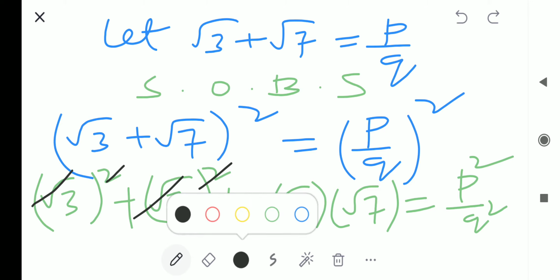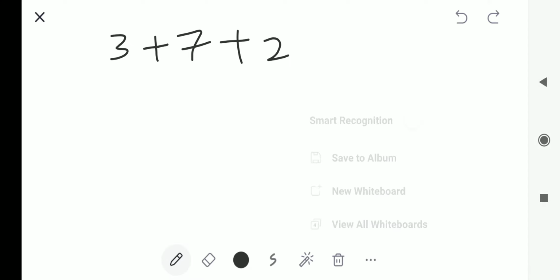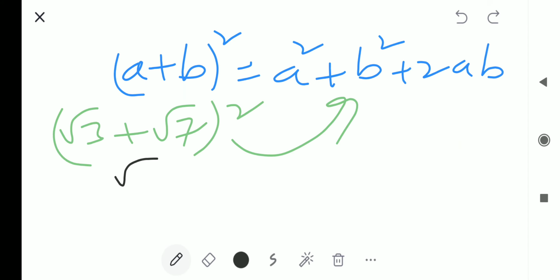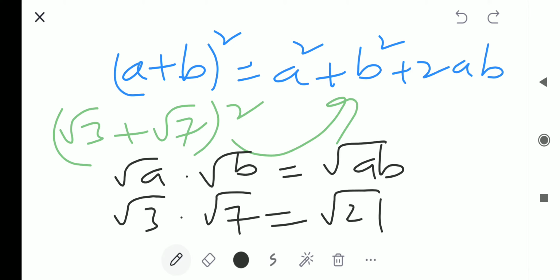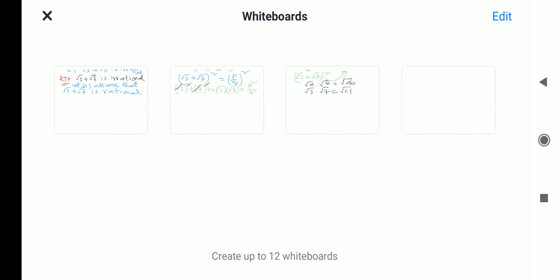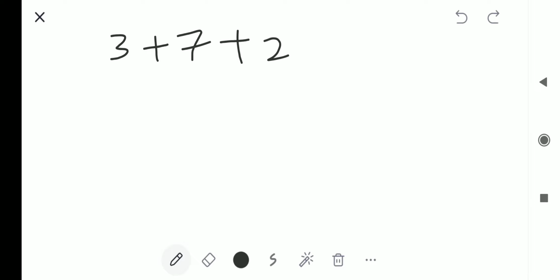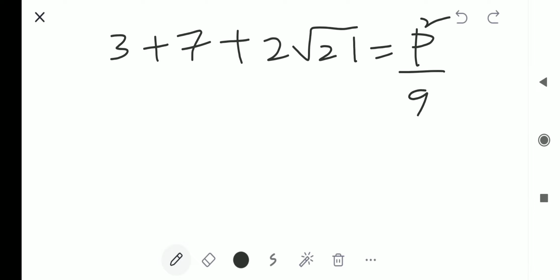So root 3 square is 3, root 7 square is 7. And I can write 3 plus 7 plus 2 root 3 into root 7. You can see root a into root b is root ab. Then root 3 into root 7 I can write as root 21. So which can be written as 2 root 21 is equal to p square by q square.